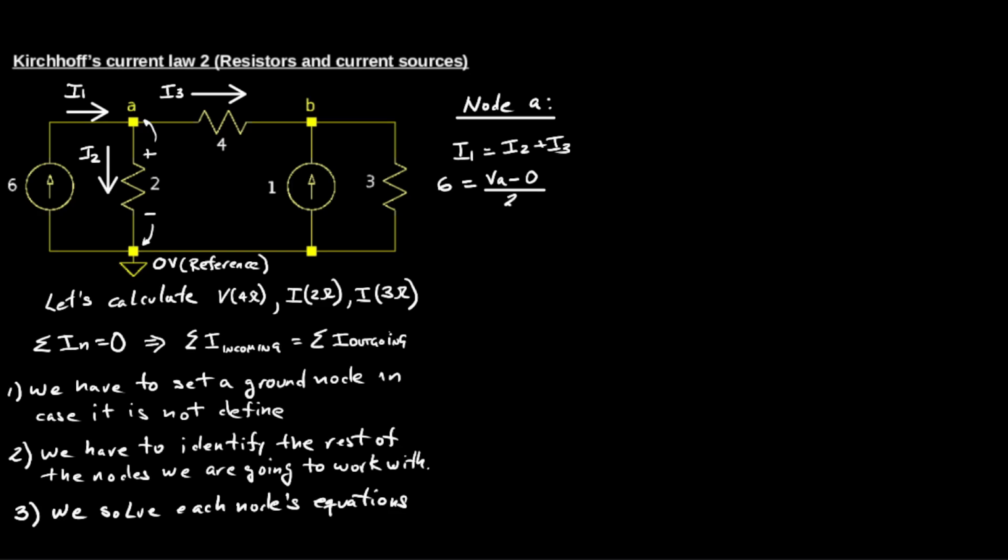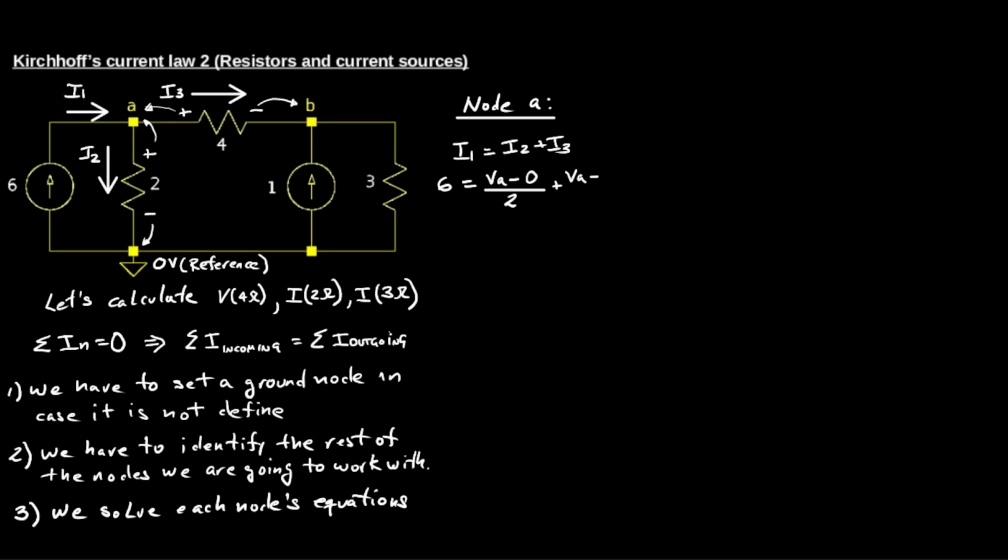As I see in the circuit, I1 is given by the current of the 6 ampere current source on the left. So I1 equals 6. So 6 equals I2 plus I3.